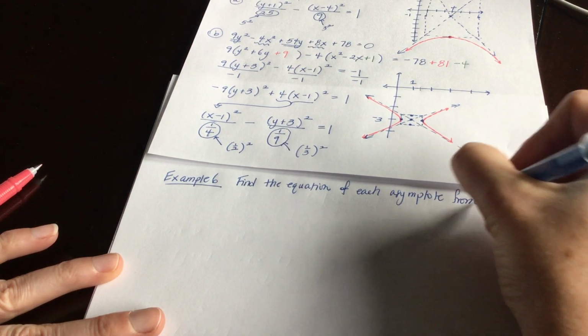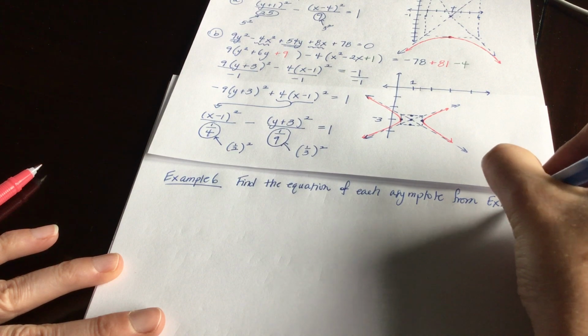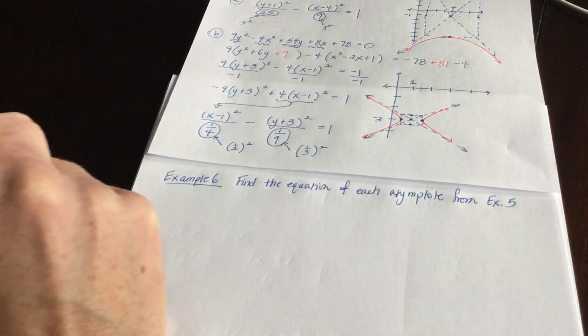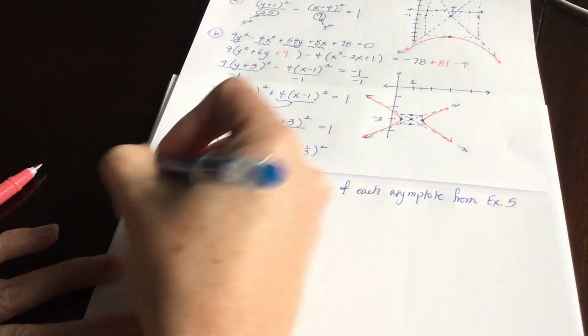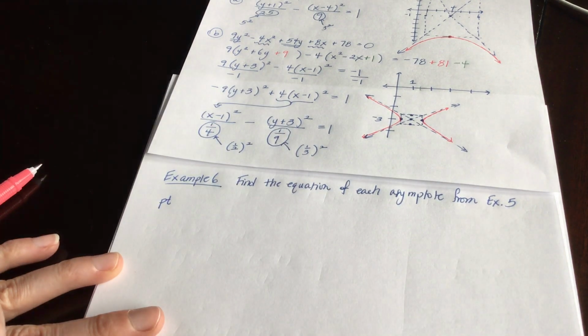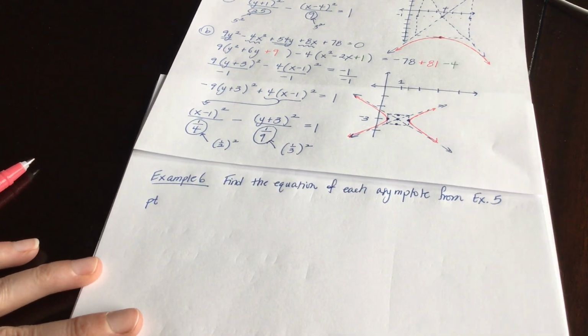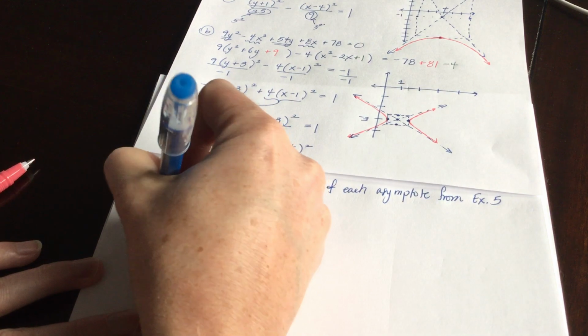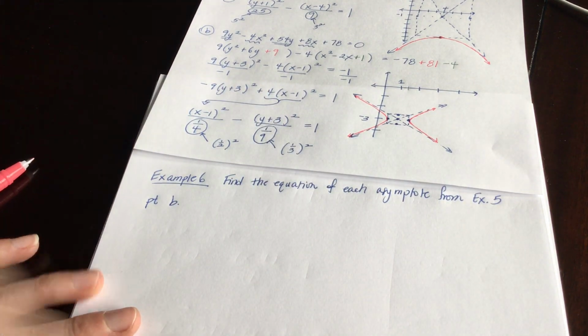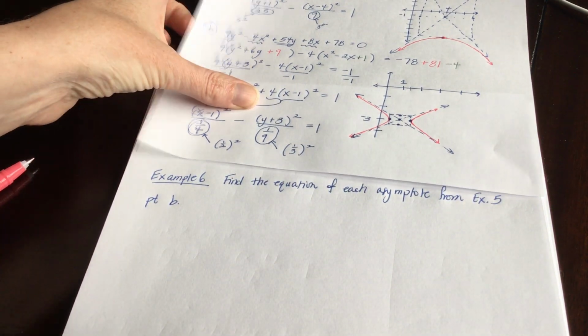From, let's just do example 5, part, I guess, what do you want? Part A or B? Yeah, I'm all by myself. Let's just do part B, just for fun. So let's see what we do, okay?